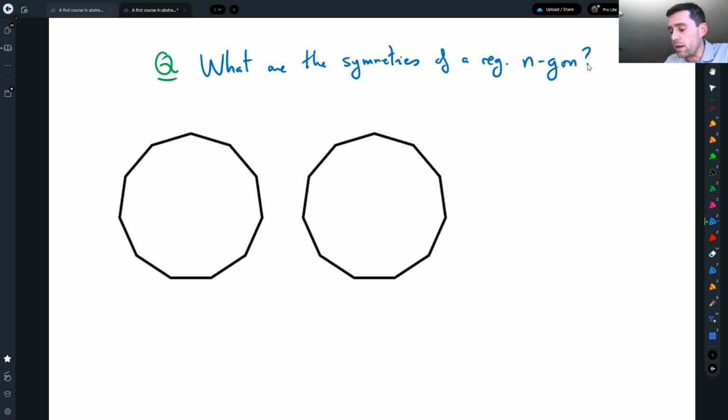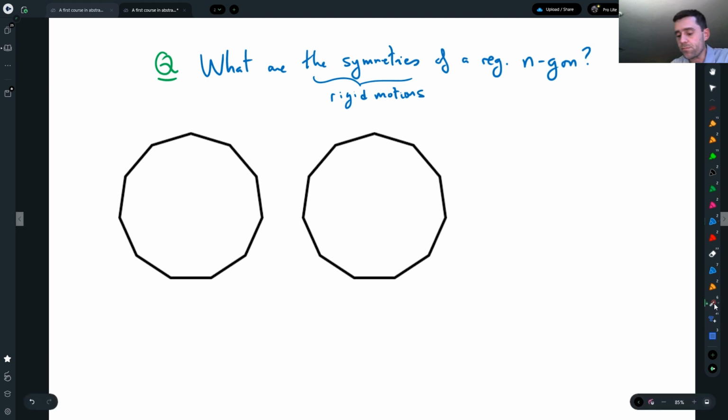And remember that by symmetries we mean rigid motions of, in this case, this polygon, a rigid motion that will preserve the shape. It will preserve the position of vertices and sides, and it preserves distances and angles, but the shape can move and end up in the same position.